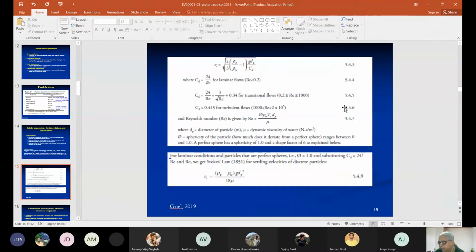This is the volume of the particle. It should be Vp. Yes, Vp is the volume of the particle. This should not be Vs, it should be Vp.